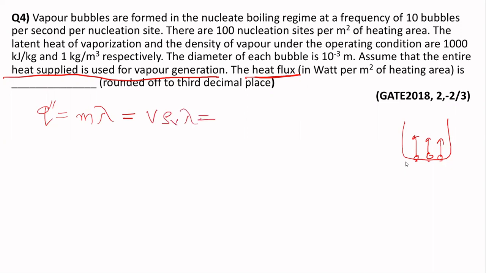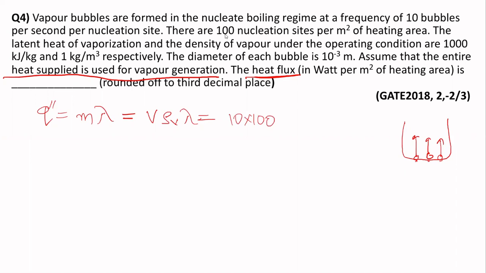Now to find the total volume of the bubbles formed per meter square per second, I know that there are 10 bubbles per second per nucleation site, and there are 100 sites. So 10 into 10 into 100.